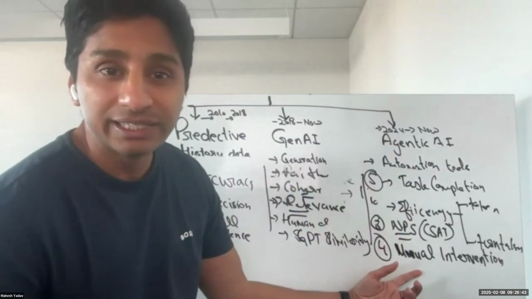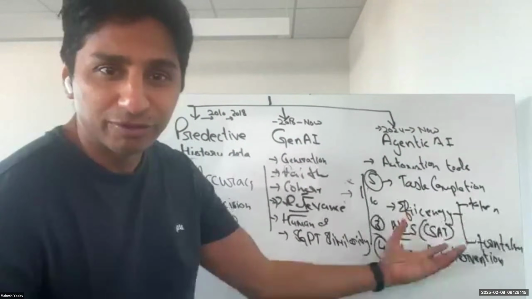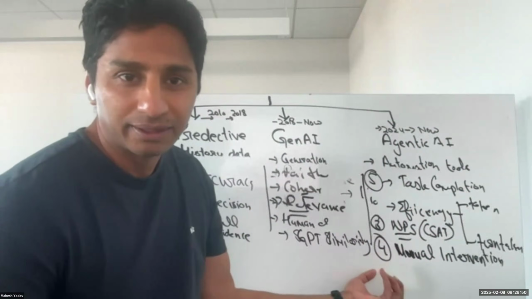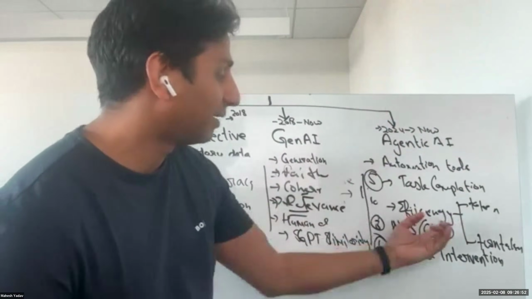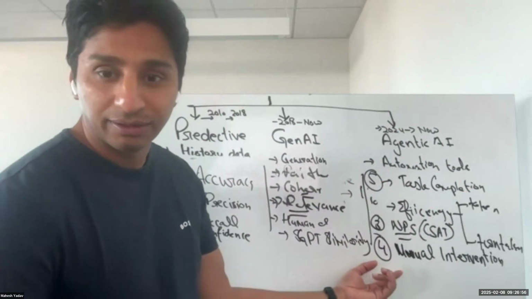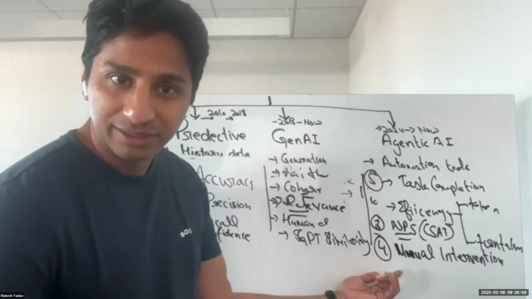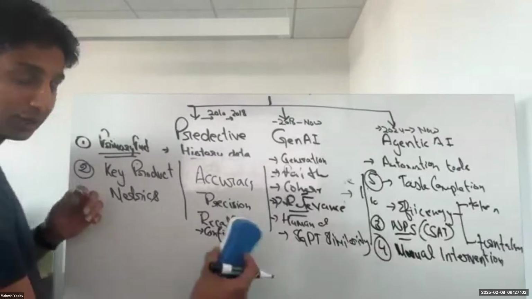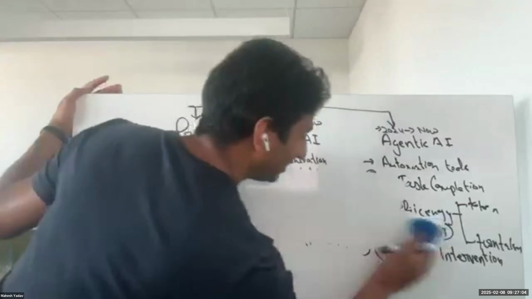And how many times do you need that? Because you can build an agentic workflow, but if most of the time you're calling a human to help it complete the task, it has a great NPS, it has great efficiency, but you're still bottlenecked on humans. Okay, keep these 4 things in mind. You guys are making awesome progress already.